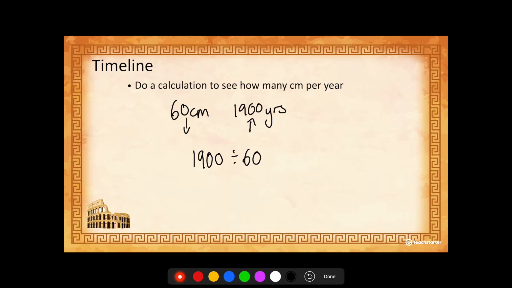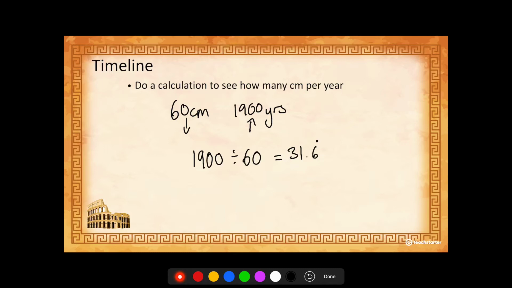Divide by 60, and mine equals 31.6 recurring. So 31.